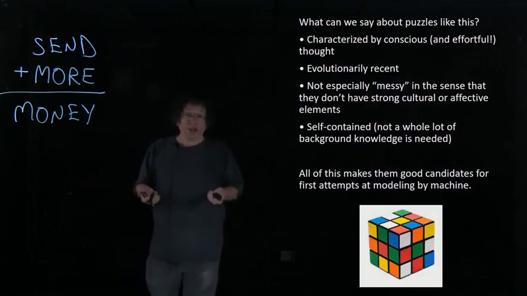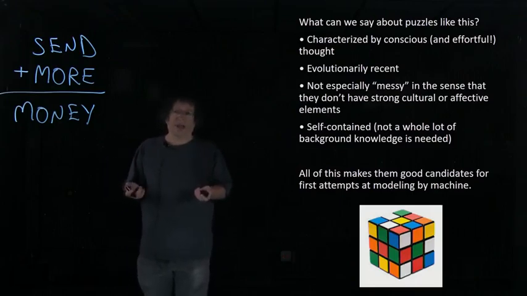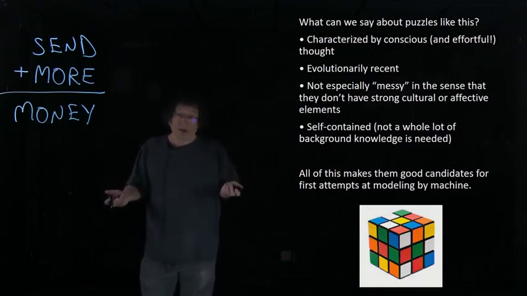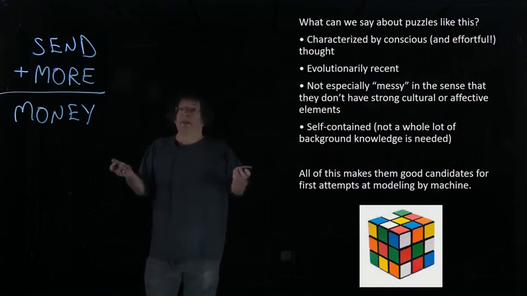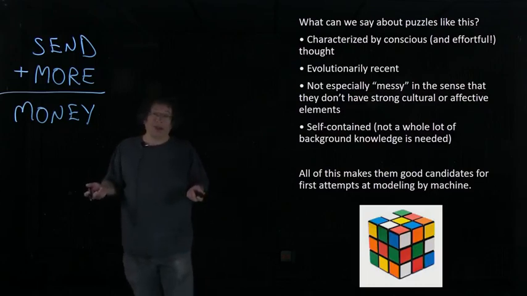In the case of these puzzles, though, they have at least a substantial element of conscious thought about them. As I say, they're evolutionarily recent, meaning, I guess, animals don't do them. Animals don't seem to be terribly interested in abstract puzzles.